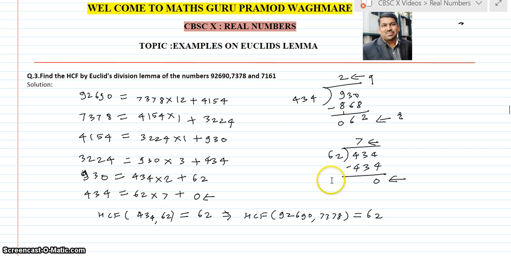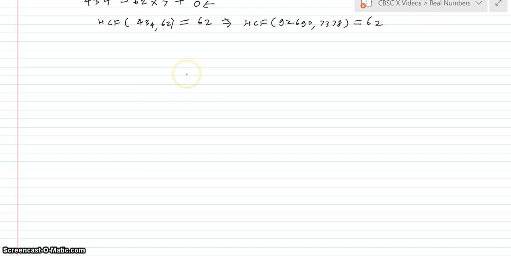So to find HCF, now we divide the third number, that is 7161, by 62. So how do we divide? Let us see. Now divide the third number 7161 by the HCF of the first two, that is 62. So if you divide by the last number, 7161 divided by 62, how do we divide?